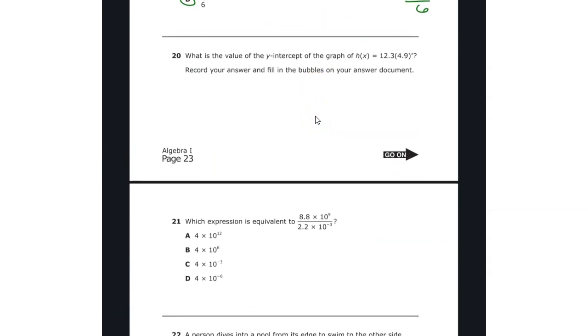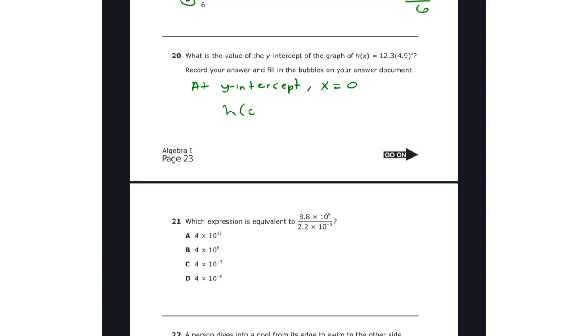Number 20, what is the value of the y-intercept of the graph of h of x equal to 12.3 multiplied by 4.9 to the power of x? So at the y-intercept, x equal to 0.